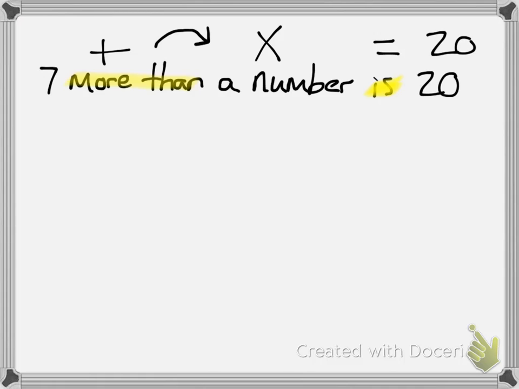So this word statement, 7 more than a number is 20, you would actually write with the 7 at the back. So we have x plus 7, because 7 more than, the more means addition, than means put it to the back, equals 20. 7 more than a number, we made that number x, equals 20.